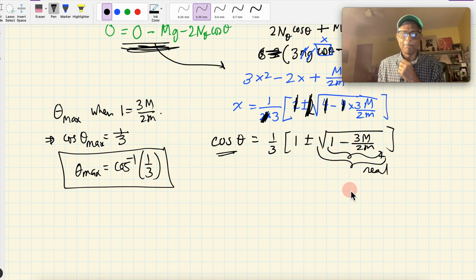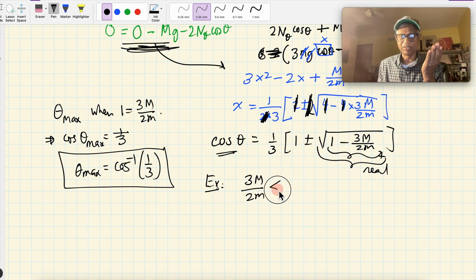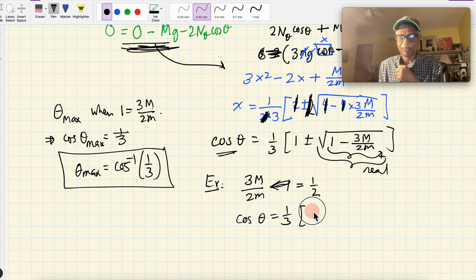For instance, an example will be, okay, 3m over 2m is supposed to be less than 1, right? So let's say this equals half. Then cosine theta for this case will be 1 over 3, 1 plus or minus the square root of 1 minus half. And this is completely fine.